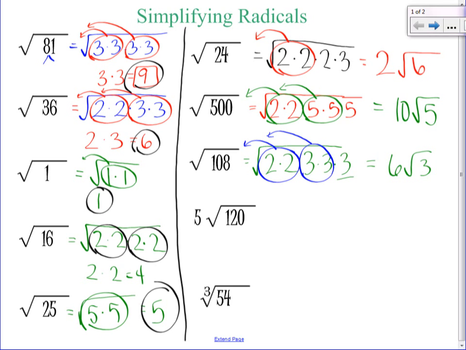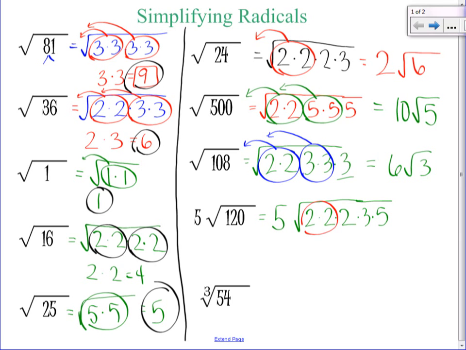All right, let's talk about when we have a number out front like this. 120, let's start dividing that by 2 as many times as we can. So there's our prime factors of 120.